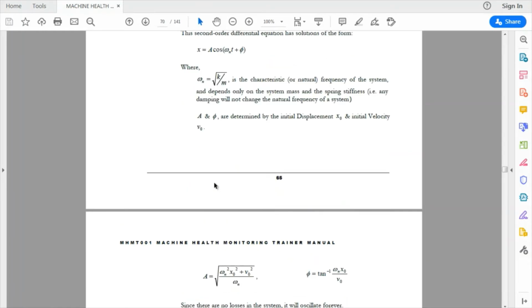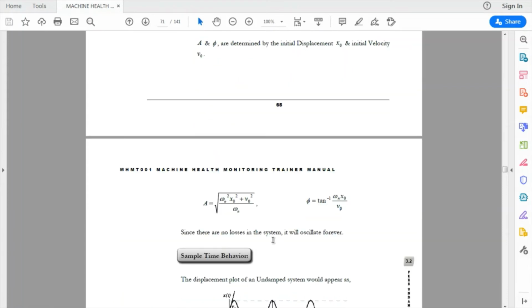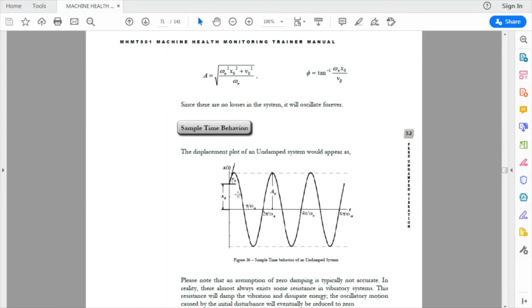The value of the amplitude A depends on the frequency omega n, the initial displacement of the mass, and the initial velocity. Through this formula, we can find the value of A. The phase shift also depends on omega n, the initial displacement, and the initial velocities. This is the response of a free undamped vibration system.